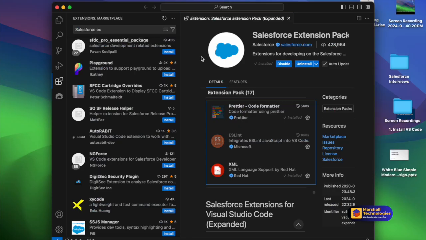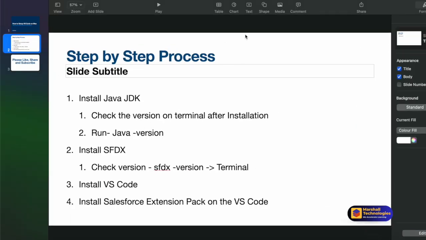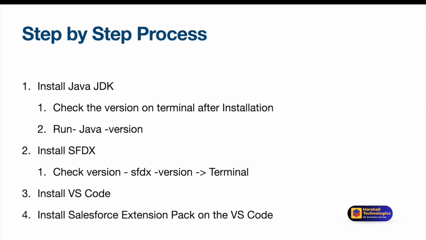So our IDE is now already installed on the system. We will see how to do the coding in the next video. For now you can all do this setup, follow the process step by step, so that it helps you to do the installation seamlessly.